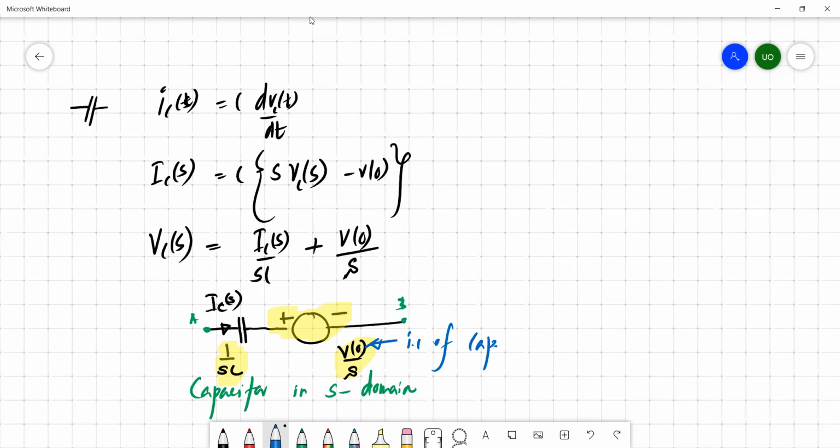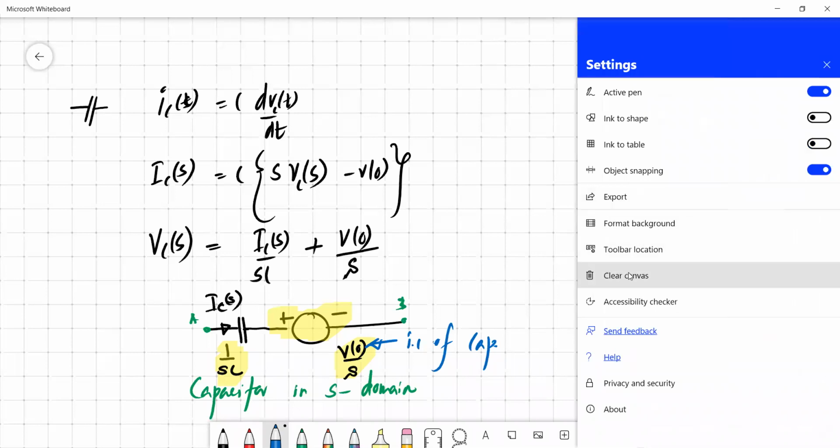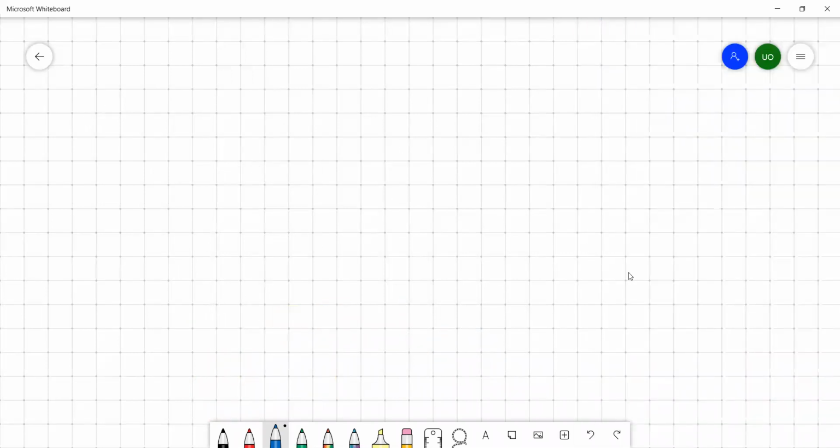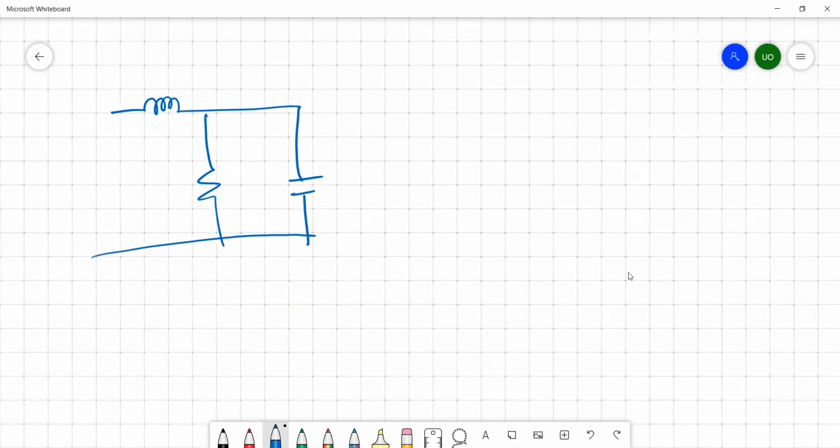Okay, now we'll take one simple example. I'm referring to exercise 8 in the slide set. So we have an inductor and a capacitor here, and a resistor.